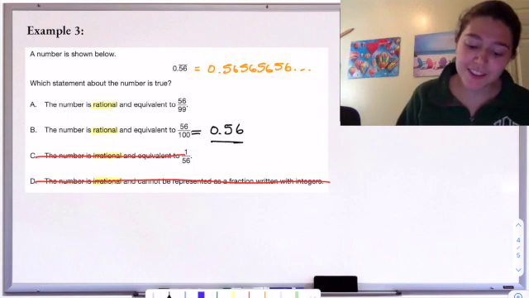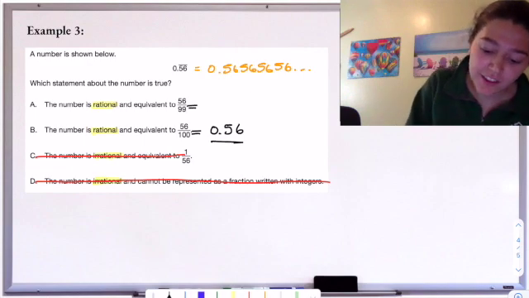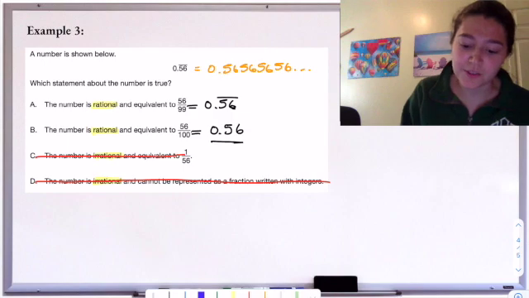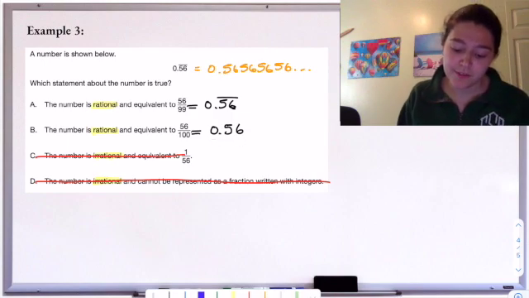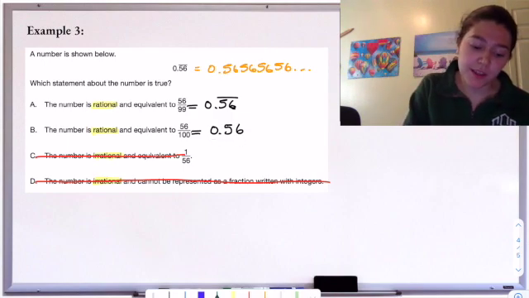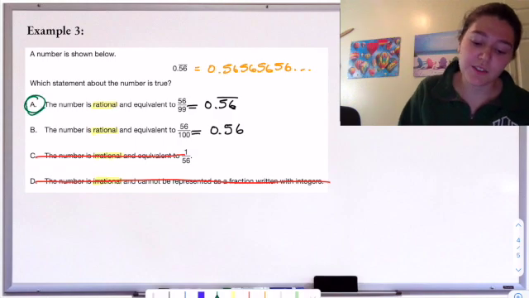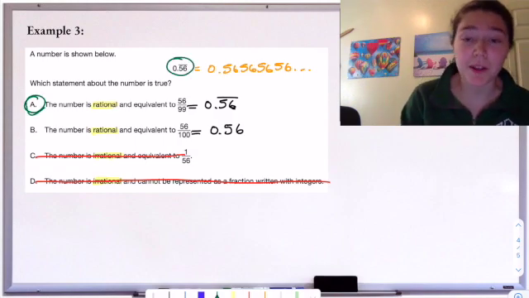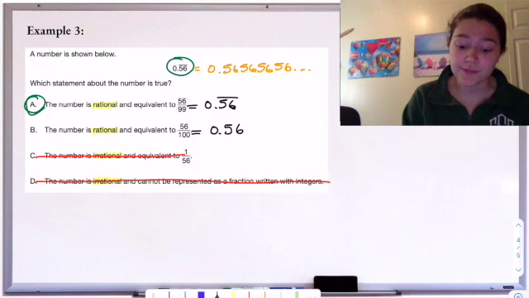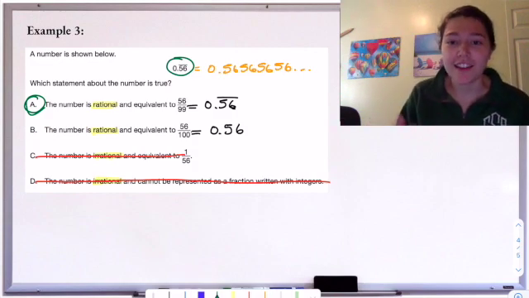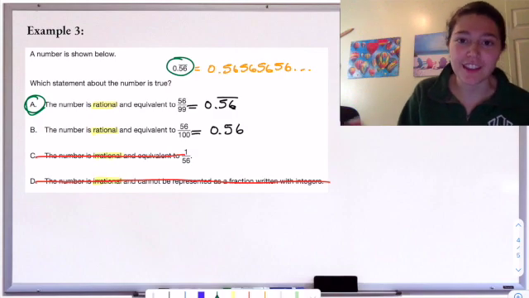But when you have 56 99ths, that is where we get these repeating situations. That is 0.56 repeating. So the answer to this one is going to be A. And we just have to remember that when we have a repeating decimal, that is rational, and it's rational because it can be written as a ratio of integers. In this case, 56 99ths.